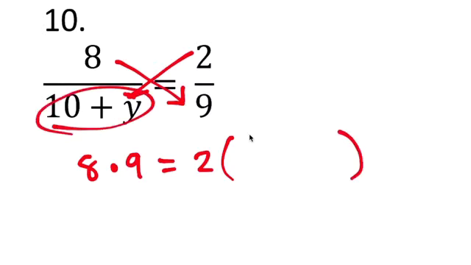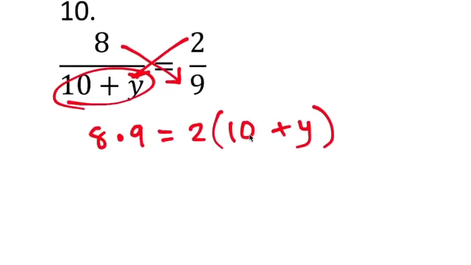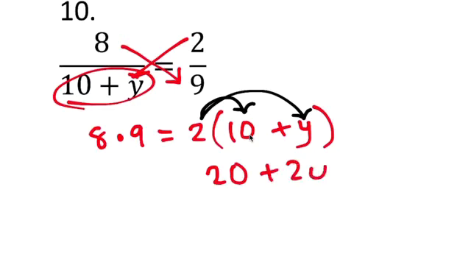So you put parentheses because it's the whole entire thing. You always distribute first. Always do parentheses first. You cannot add these two because they're not alike. So you multiply, we call this distribute, fancy word for multiplication, to everything inside. We distribute, it's 20 plus 2y equals 72.